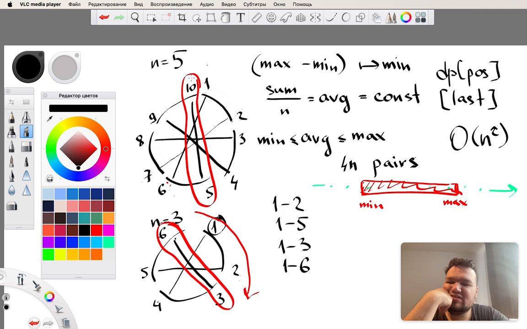Maybe I don't need DP, right? I know which pairs are allowed to sit at the same table, right?